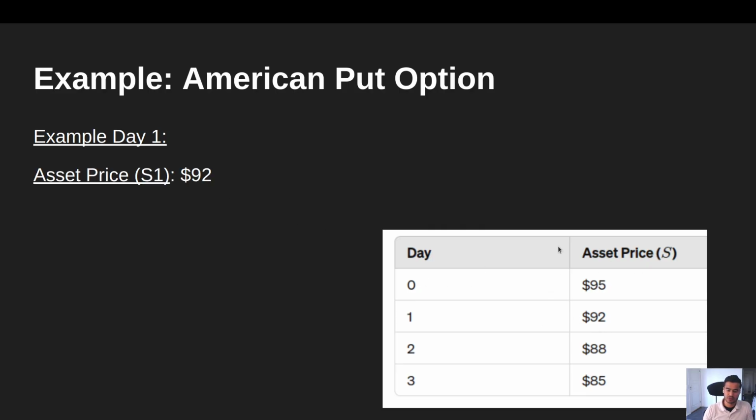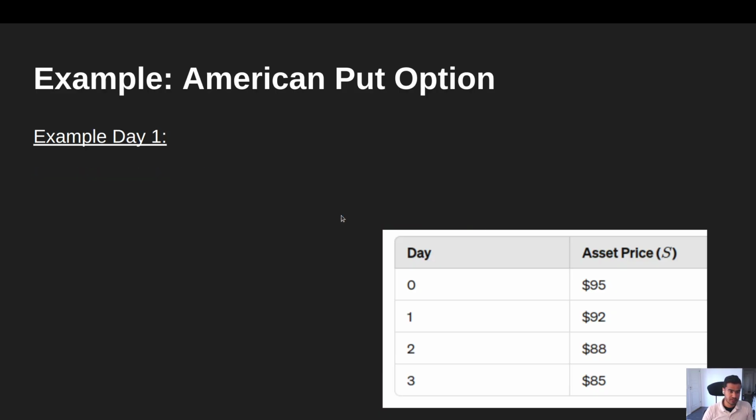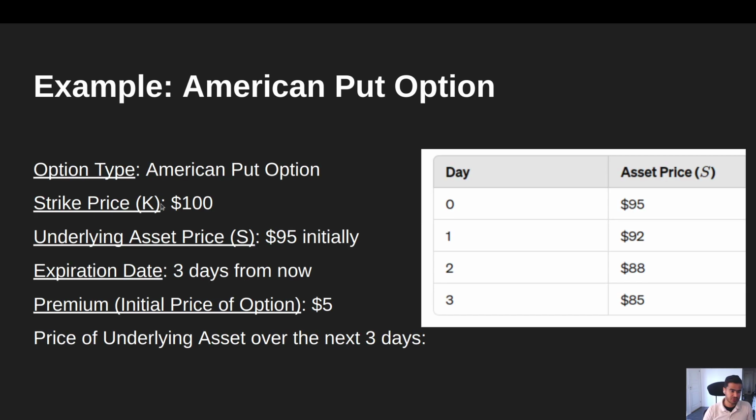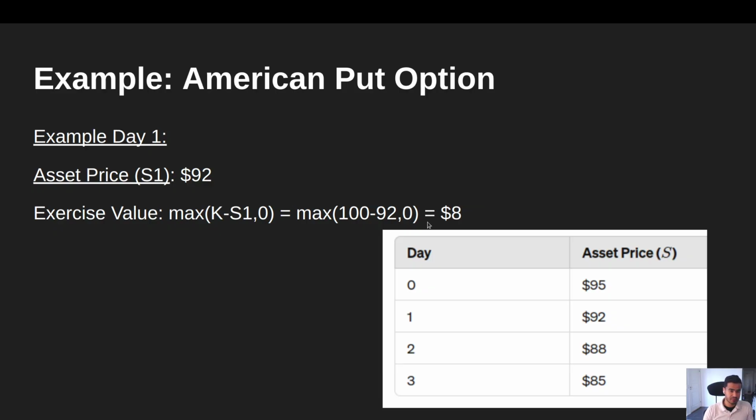The exercise value is that you can get $8, because 100 was, as explained here, the strike price. So the strike price of 100 minus 92 gives you $8 here.